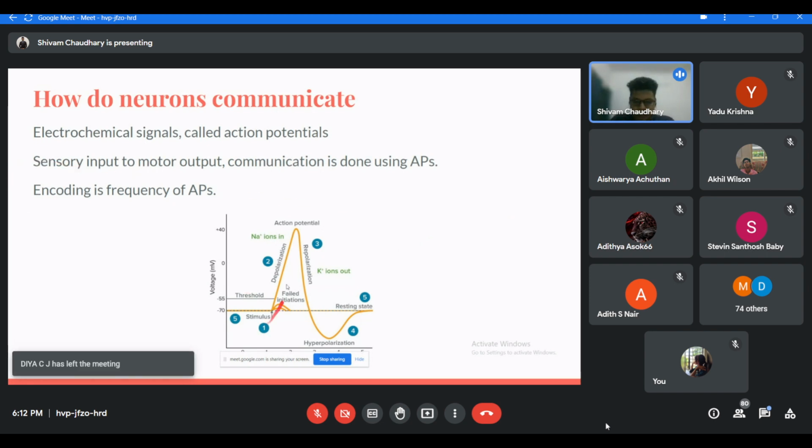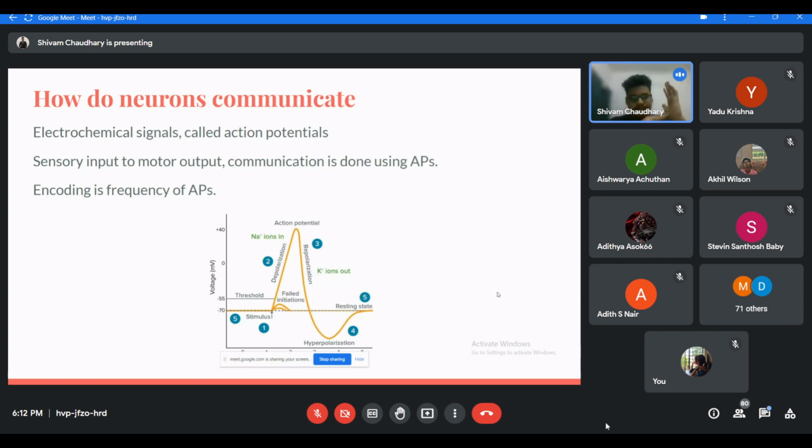Action potentials work on the principle of all or none. If it fires, then it sends a signal. Different signals are differentiated via the frequency of firing. If I slightly touch my palm, it will send a low frequency signal to the brain.